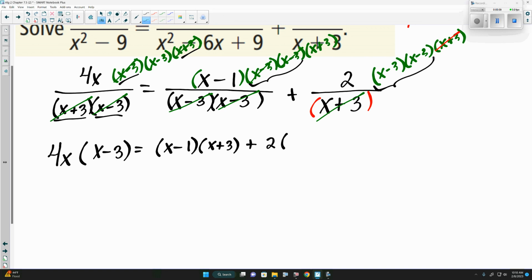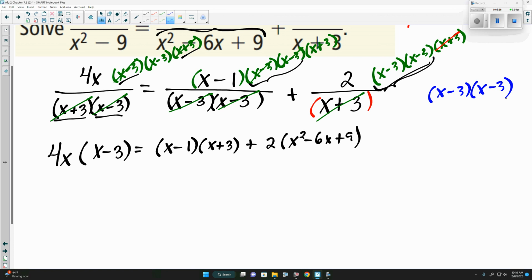Did those come from a specific location? Where did both of these come from? X squared minus 6x plus 9, yes? So what should they multiply back together to be? Now we could, again, have rewritten it as x minus 3 times x minus 3.